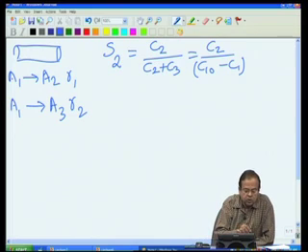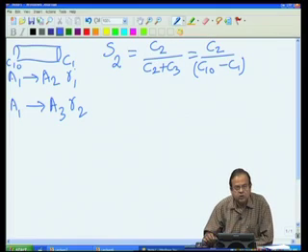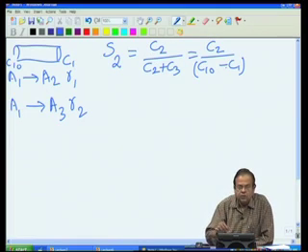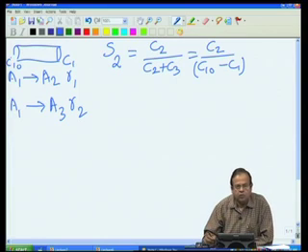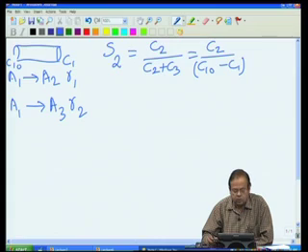If C10 is the concentration at the inlet and C1 is the concentration at the exit, then C10 minus C1 must be C2 plus C3. Once again we have made a small assumption that there is no A2 and A3 at the inlet of the reactor or at the entry point. That is a reasonable assumption, because normally you would not want to feed the reactor with the product itself, because where do we get that product?